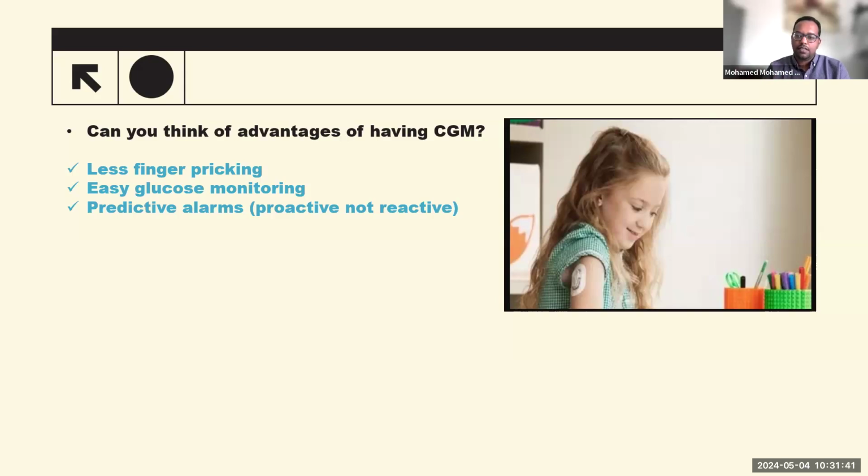This is called predictive alarms, and it makes you more proactive than reactive. So if you have diabetes and you have a Dexcom G6 sensor in your arm, and before you go to bed you look at the app and it tells you your blood glucose now is 5, and there are 2 arrows going down, this means that you're probably going to be hypo overnight. So before you go to bed, you eat a snack, for example. That makes you proactive rather than reactive, and this prevents you from having the hypoglycemia symptoms.